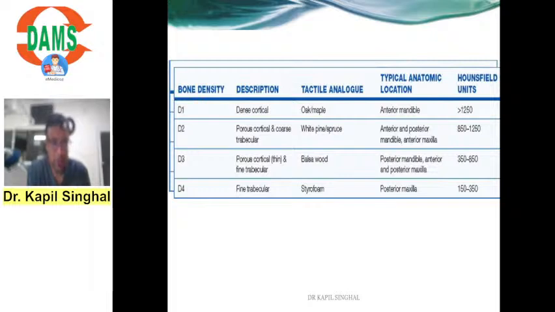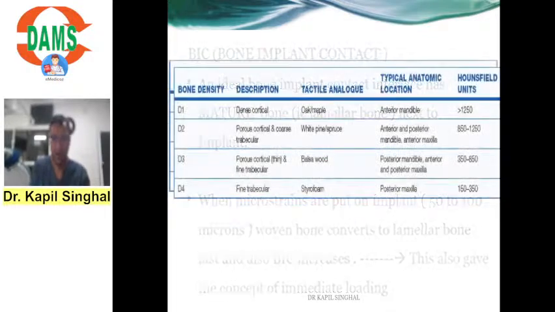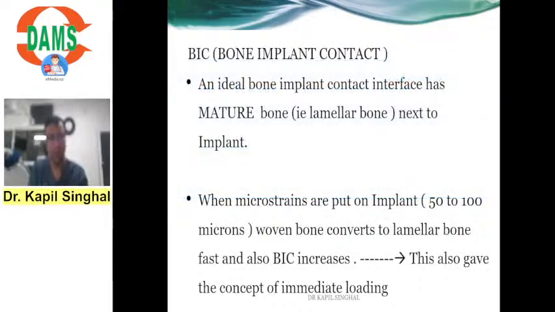Next is D4 bone. It is fine trabecular, like Styrofoam, very soft. It's seen in the posterior maxilla, and the Hounsfield value is between 150 to 350. Okay.